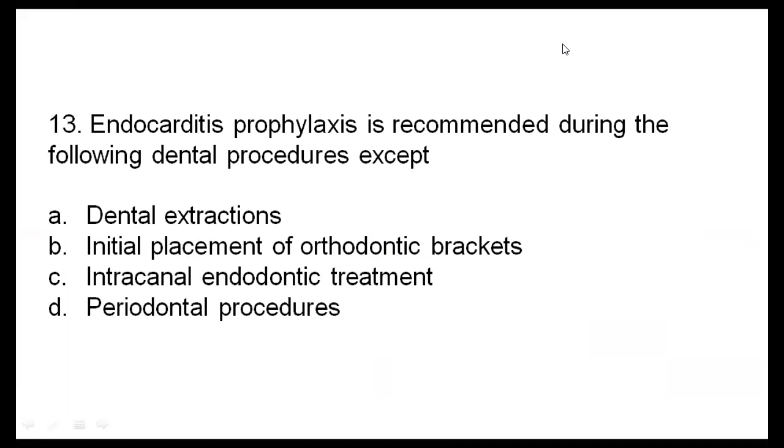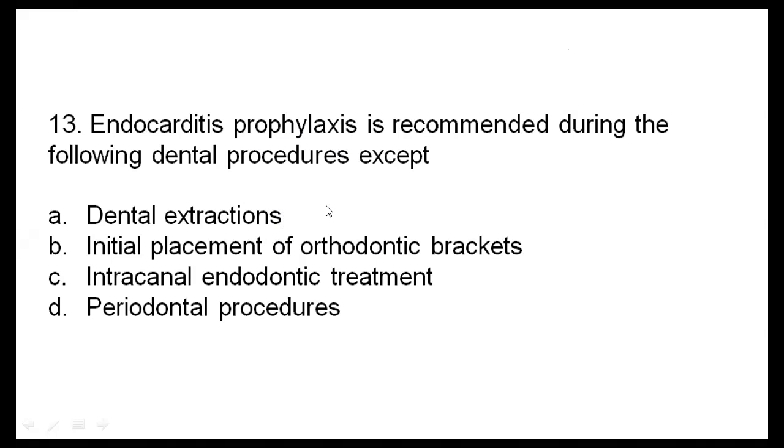Somebody typed A. I hope you mean it, because definitely before any procedure which is going to cause any amount of bleeding, endocarditis prophylaxis is recommended whenever indicated, that is, when the cardiac condition indicates it.